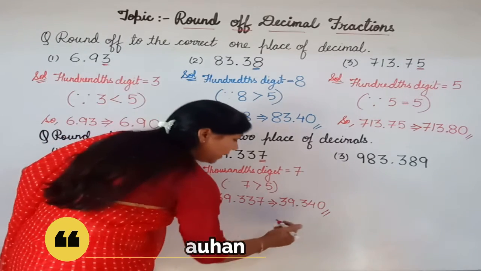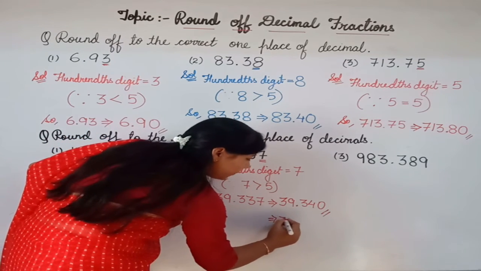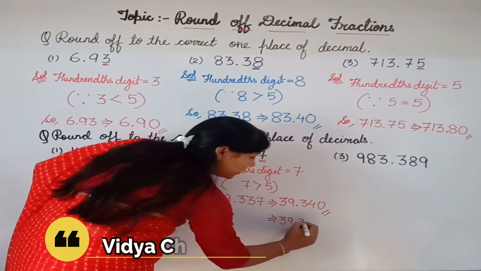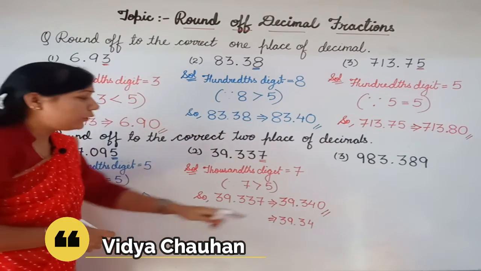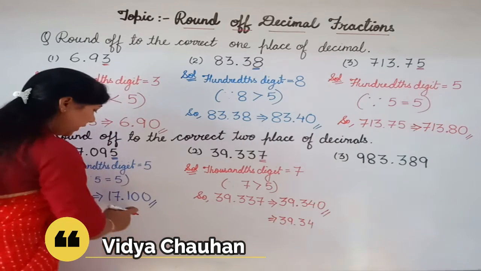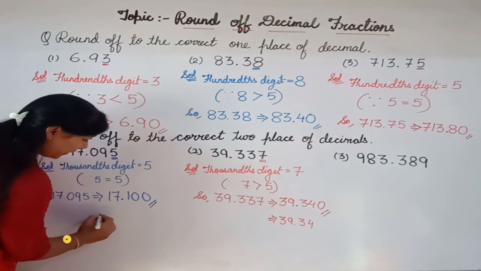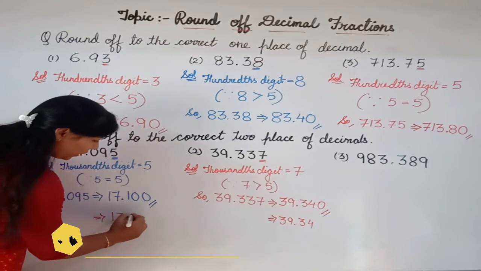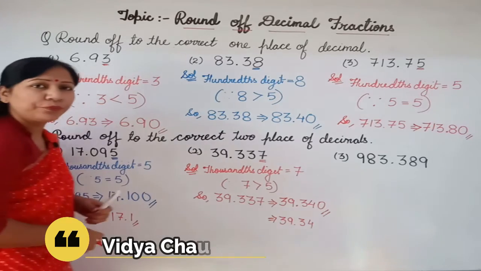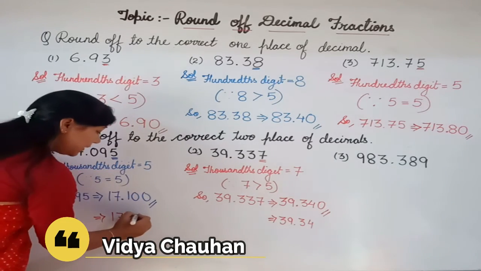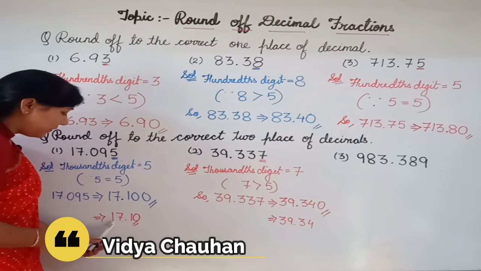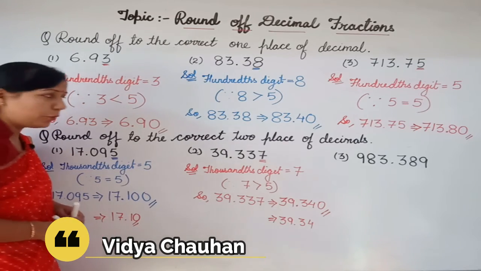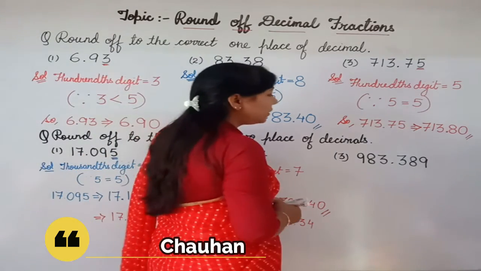You can also write it as 39.34, just removing the 0. Similarly, in the first part you can write 17.10, because we need correct up to 2 places.